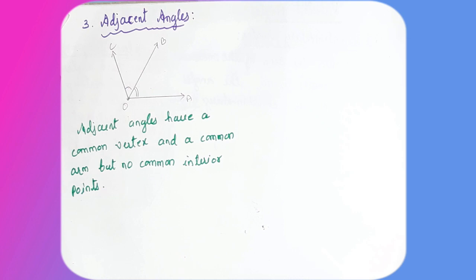Next, two more kinds of angles we will see in the same way. The next one is linear pair, and the last one is vertically opposite angles. Still two types are there. The next one is linear pair.